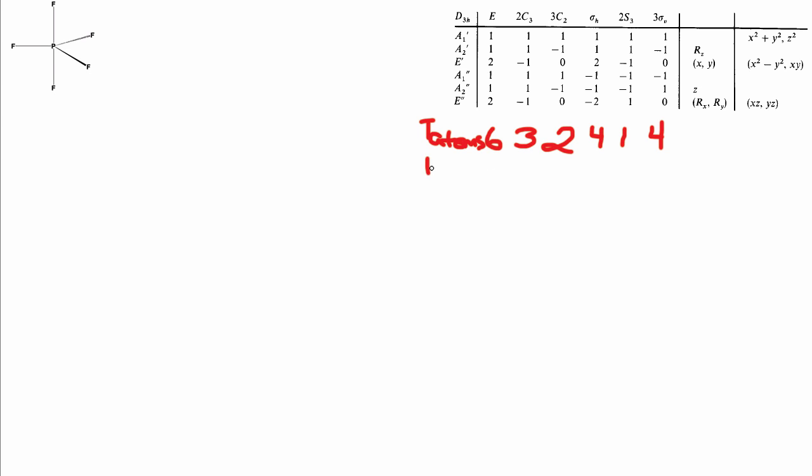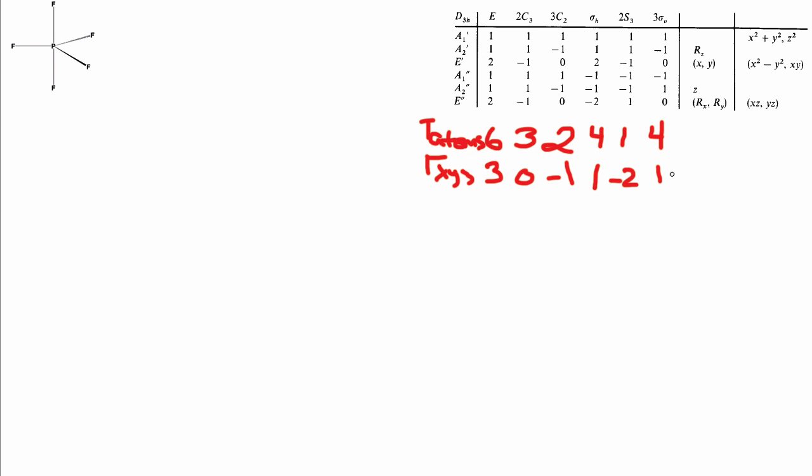If we add all of that up, 1 plus 2 will give us 3 under the identity, 1 plus minus 1 will give us 0 under the C3, minus 1 plus 0 will give us minus 1 under the C2, minus 1 plus 2 will give us 1 under the horizontal mirror plane, minus 1 plus minus 1 gives us minus 2 for the S3 rotation, and 1 plus 0 gives us 1 for the sigma V.